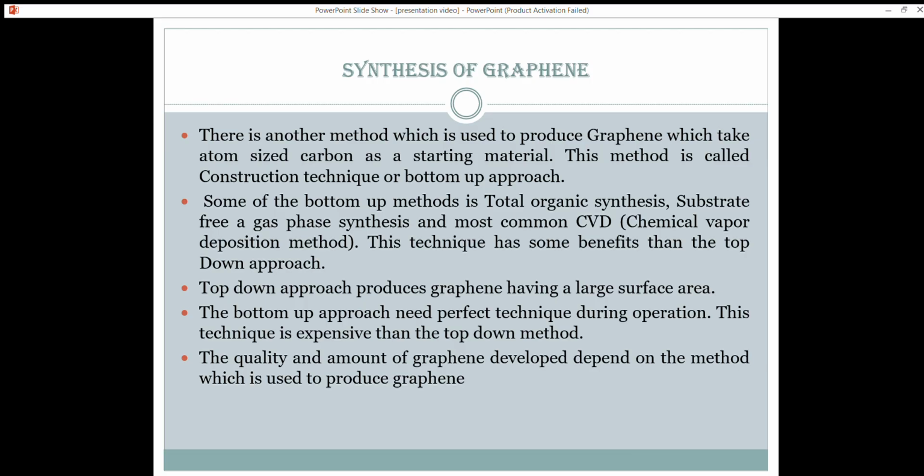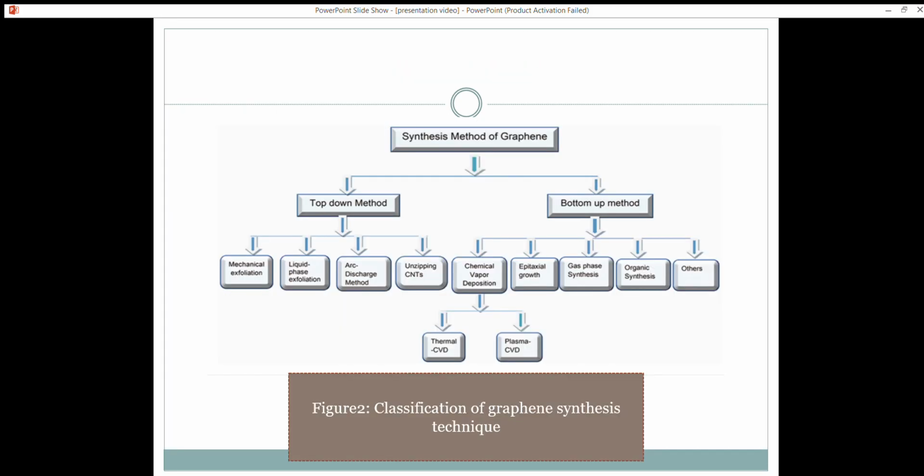The quality and amount of graphene made will depend on our method, that is, which method we use to prepare it. Moving on next, this is a classification of graphene synthesis into basically two methods, top-down and bottom-up. Top-down includes mechanical exfoliation, liquid phase exfoliation, arc discharge method, and unzipping carbon nanotubes.